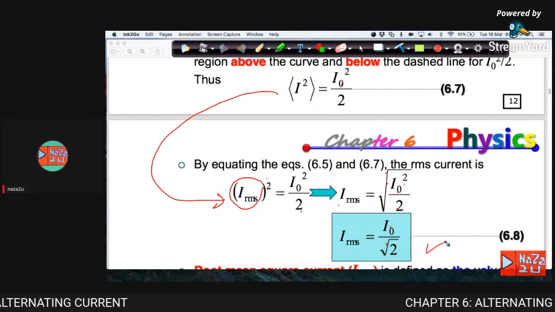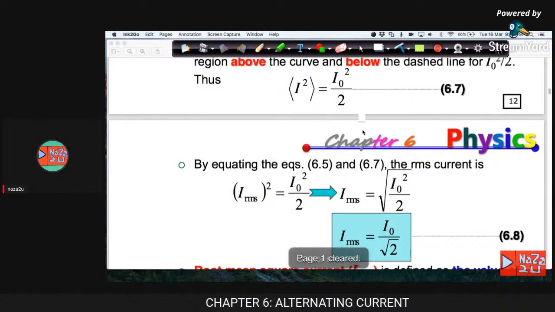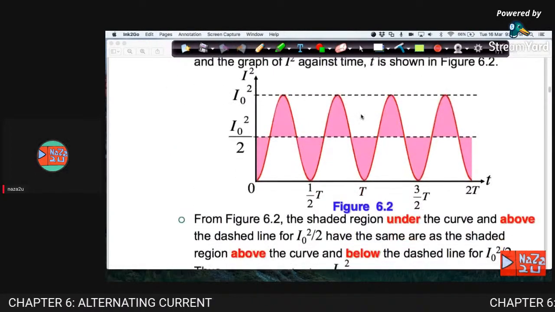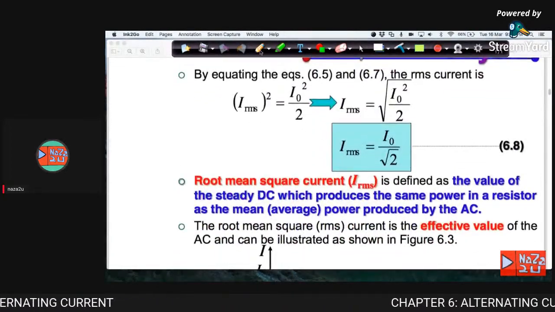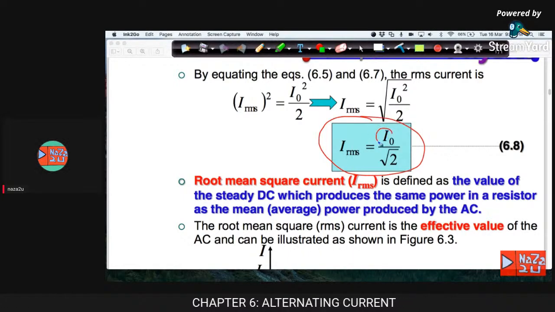Tapi untuk yang dalam kes kamu ni, kamu tidak perlu tahu apa yang diterangkan di atas ni, because matematik proses ni tak perlu tahu. Yang perlu kamu tahu adalah perkaitan di antara I RMS tu dengan maximum current.